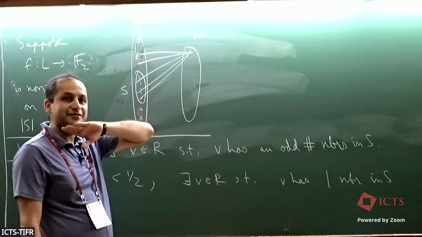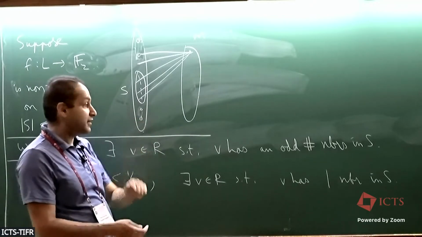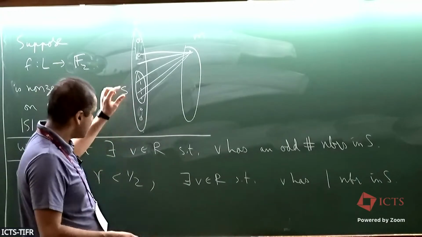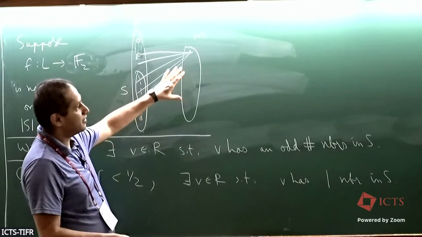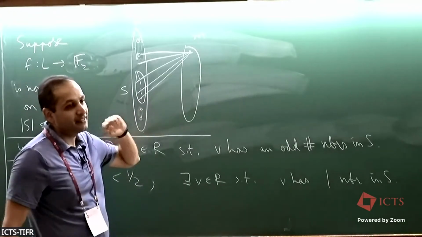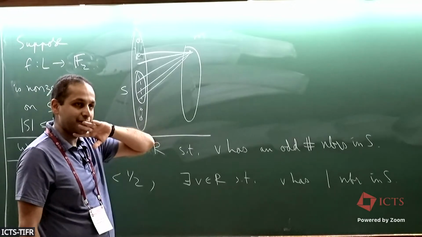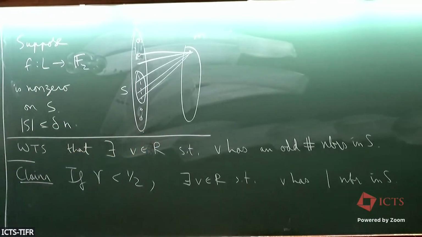That's the principle. If you're a big expander, by that I mean gamma is small, then small sets will have a unique neighbor. So this is a general fact about expanders.